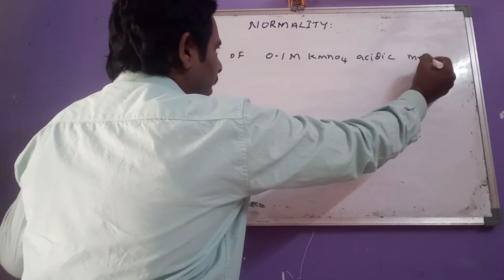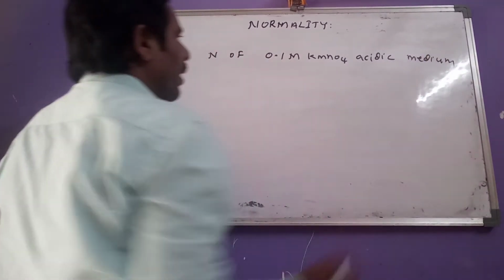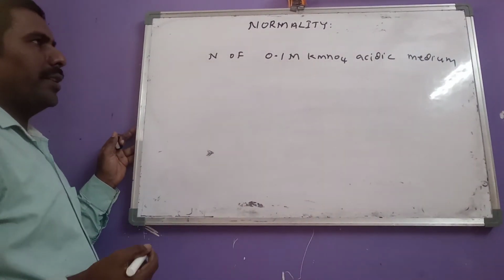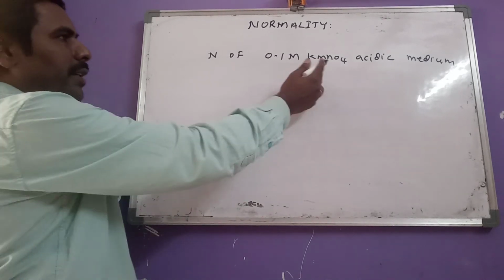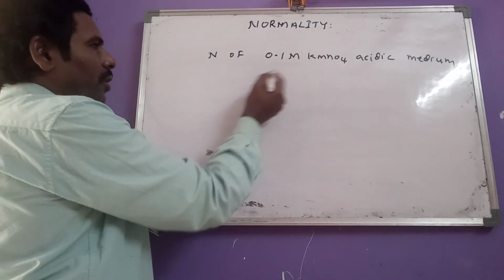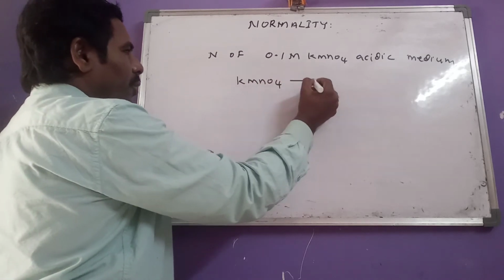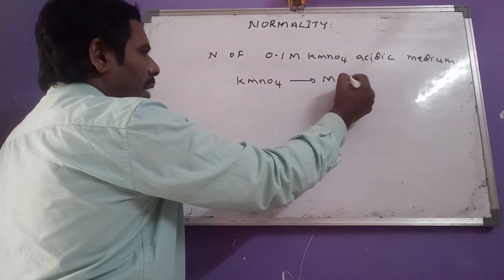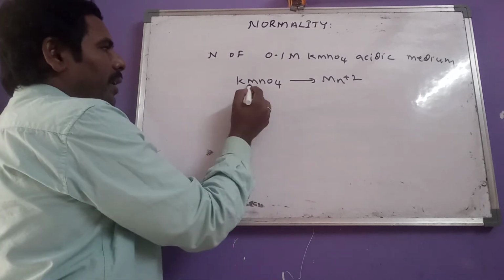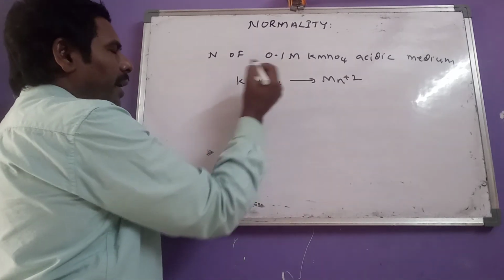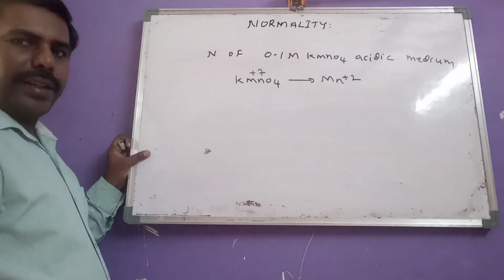In acidic medium, KMnO4 changes to Mn plus 2. In KMnO4, the manganese oxidation state is how much?